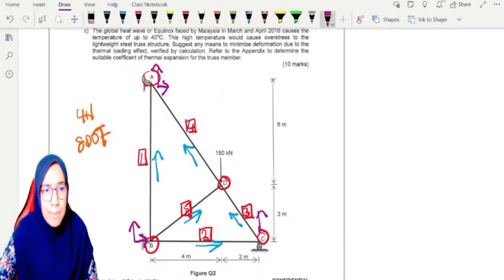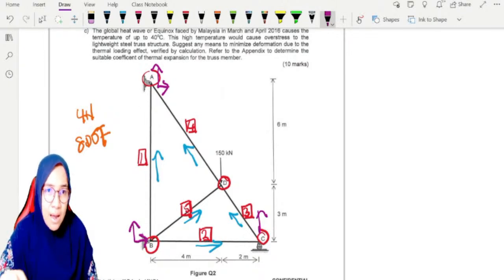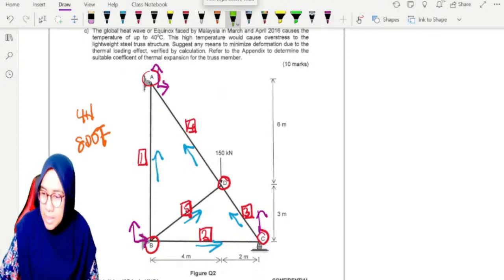Remember that each node must have 2 degrees of freedom, because in a truss there are 2 degrees of freedom per node. We have to make sure that each node has 2 degrees of freedom. At A, there are 2 already. At B, there are 2 already. At C, it only has 1 now, so we have to put another one in the X direction.